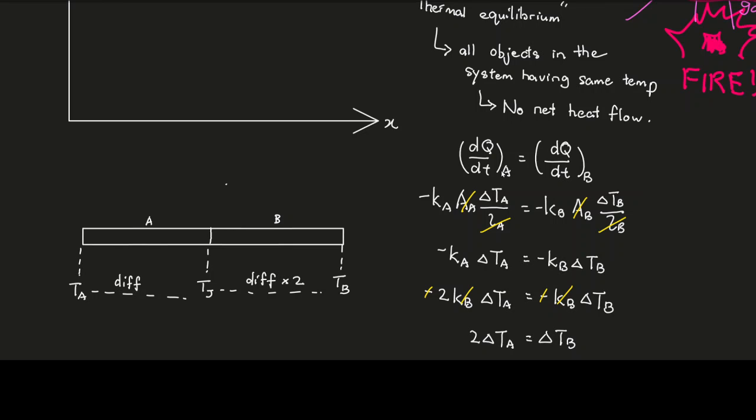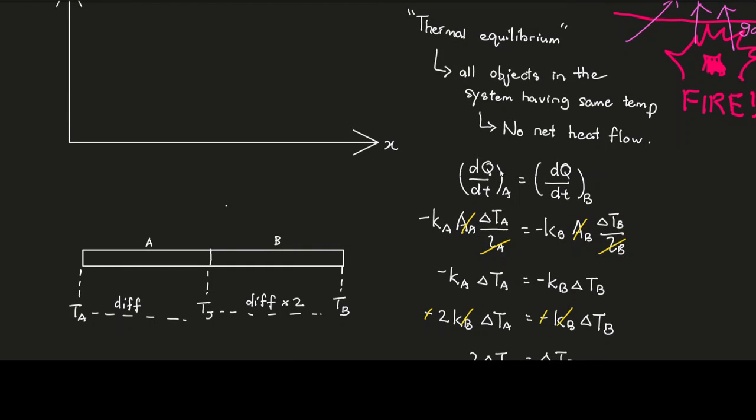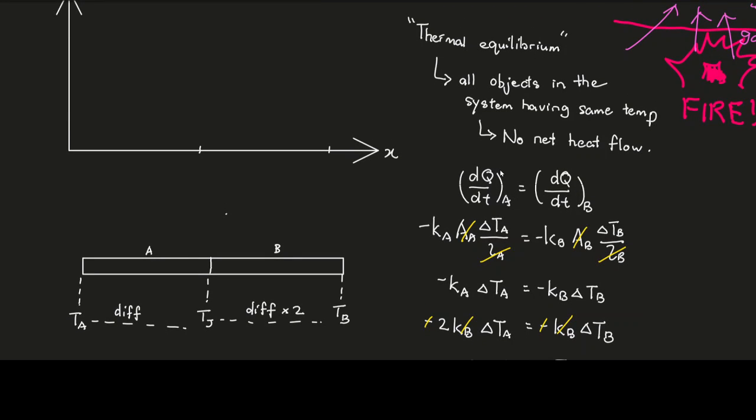Okay, so what does this mean is, if you're drawing something, let's say this is the temperature distance graph, and this is the length of A, then continue with the length of B plus length of A. So what will happen here is, from A to J the change in temperature is smaller. But from here to here, the change in temperature should be twice the amount. So roughly, imagine it to be something like this.